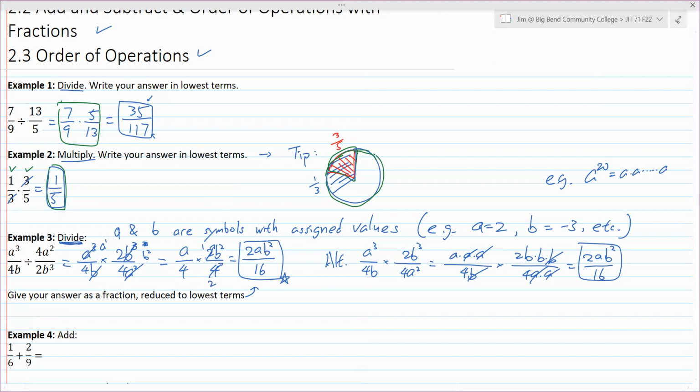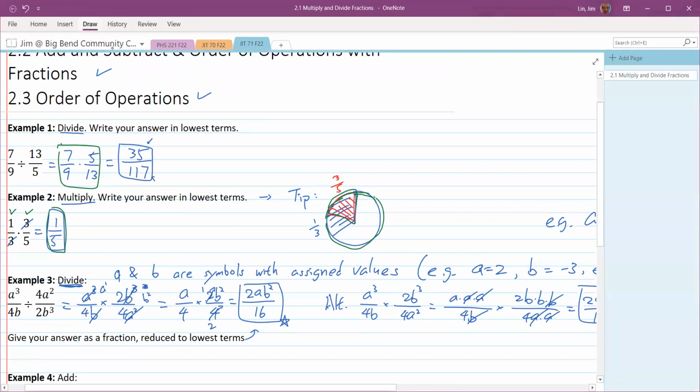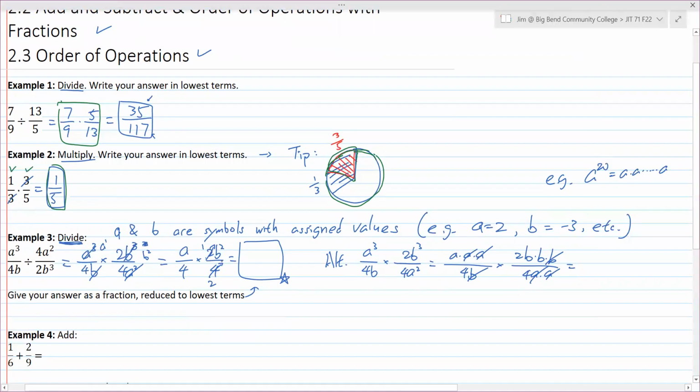So the answer should be updated: instead of 2 over 16, we are going to have this simplified answer as ab squared over 8. And the same thing happens here if you divide out the 2 and 4, and that'll give you the same answer. That's the lowest term.